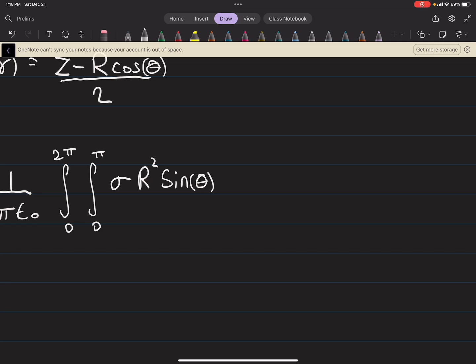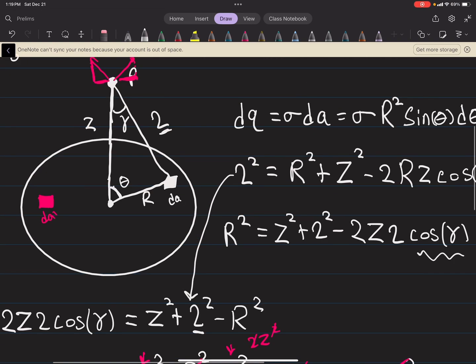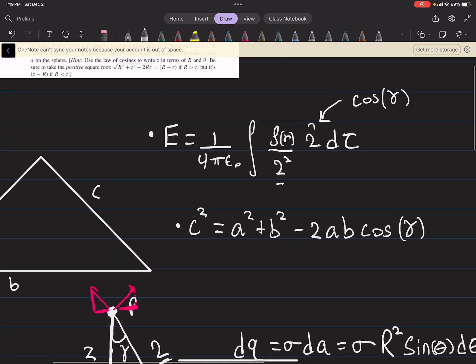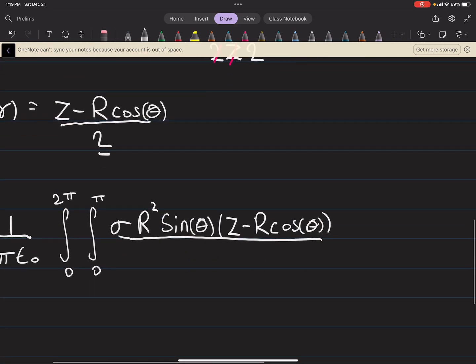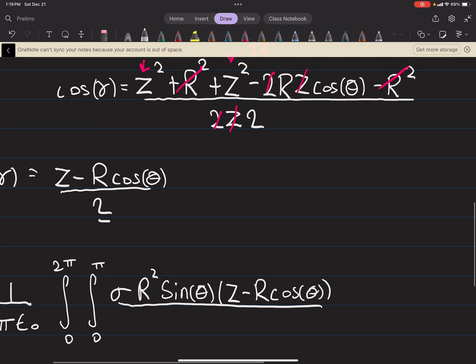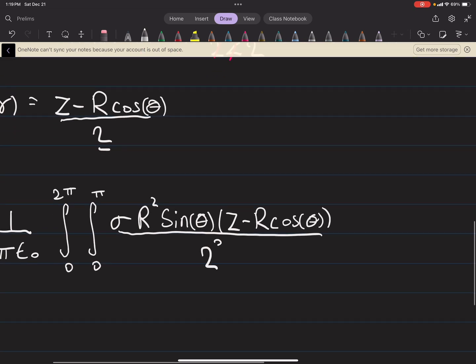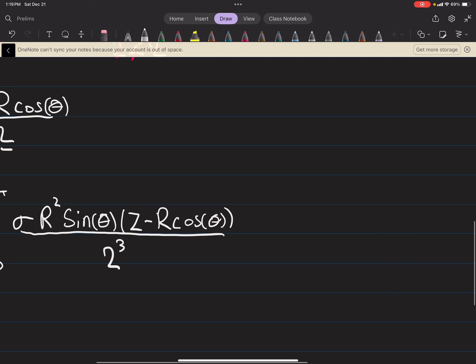So times z minus r cosine theta, all divided by script r cubed, since there's a script r from here, but there's also an r squared here, and then we have d theta d phi.